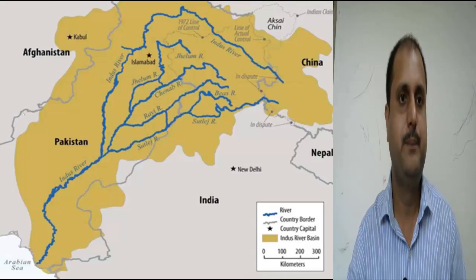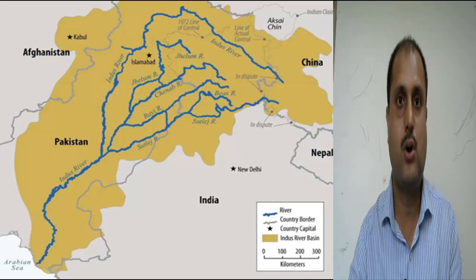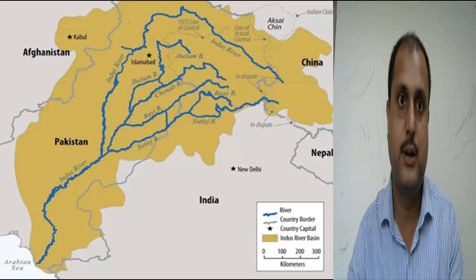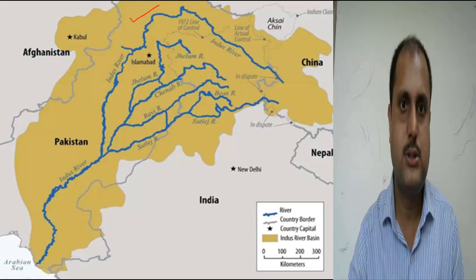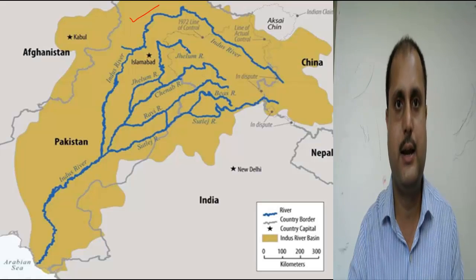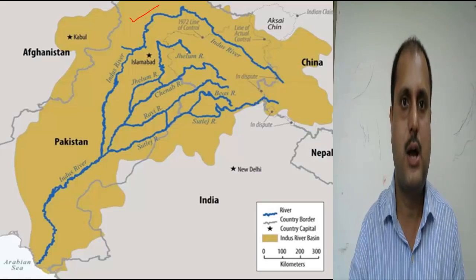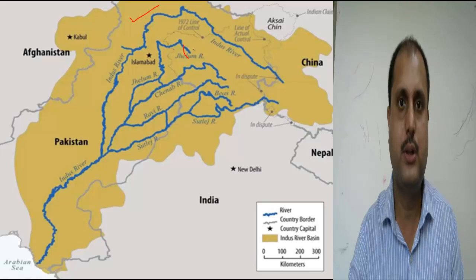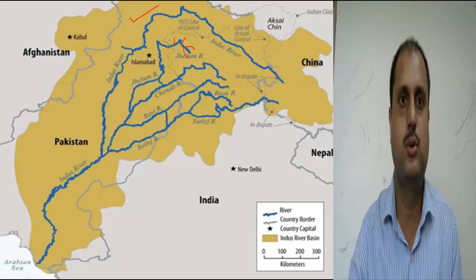The Indus river system, the majority of the rivers of India, form this pattern, the dendritic pattern. This is the picture of the Indus river. You can see the different streams here, only the main rivers have been highlighted: the Jhelum, Chenab, Ravi and Satluj. But any river will form along with different streams also.